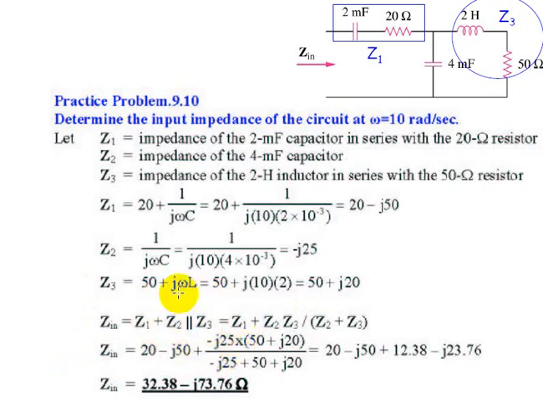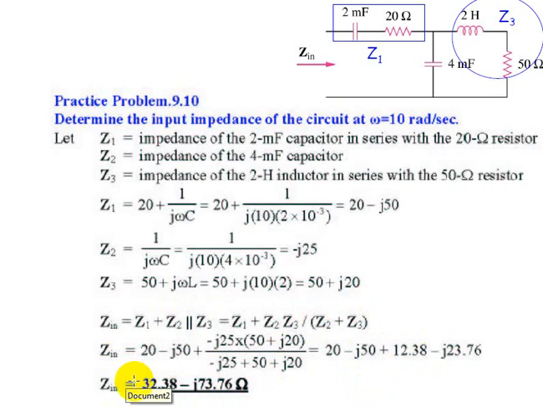overall, they have found the overall impedance, where Z1 is in series with this network, and this network is nothing but Z2 parallel Z3. That means Z1 plus Z2 parallel Z3. They have evaluated the whole thing using the series-parallel network solving method, and after evaluation they have got this overall impedance for this network.